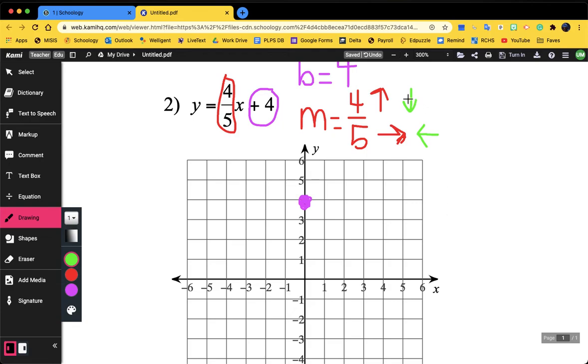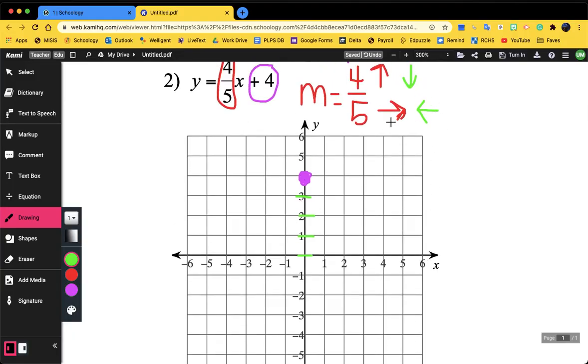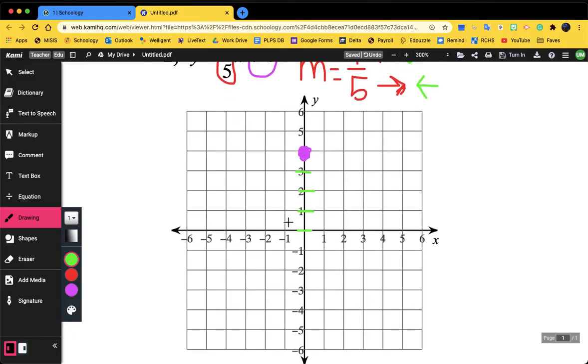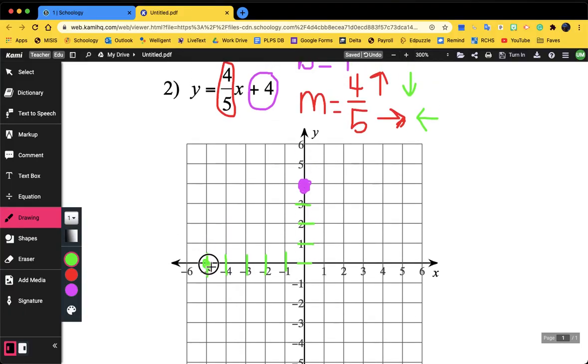So I'm going to go down 4. 1, 2, 3, 4. And left 5. 1, 2, 3, 4, and a 5. And that's where I put my second point, right?